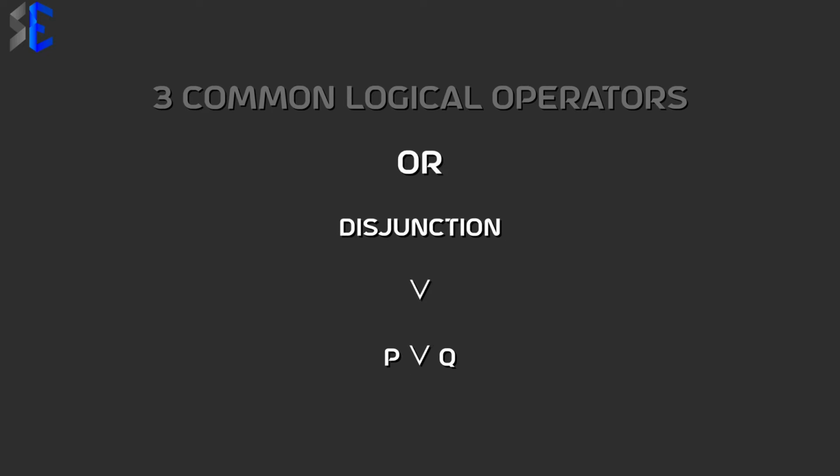And then you have or, and this is called a disjunction right here, and it's represented by a kind of V shape. So you would say this as P or Q, and again, it's the same thing as previously. Bob is 32 or Bob likes pizza.